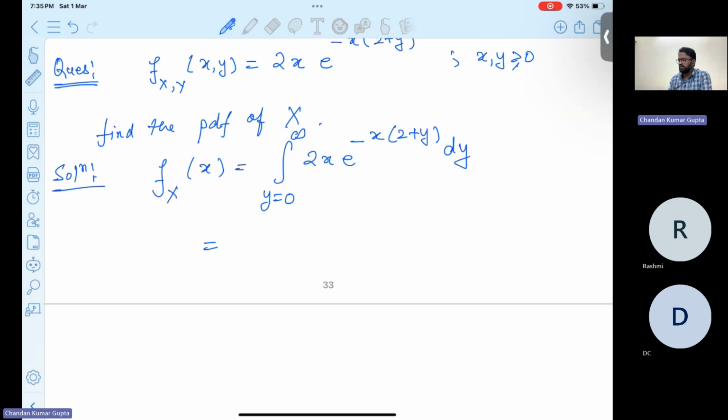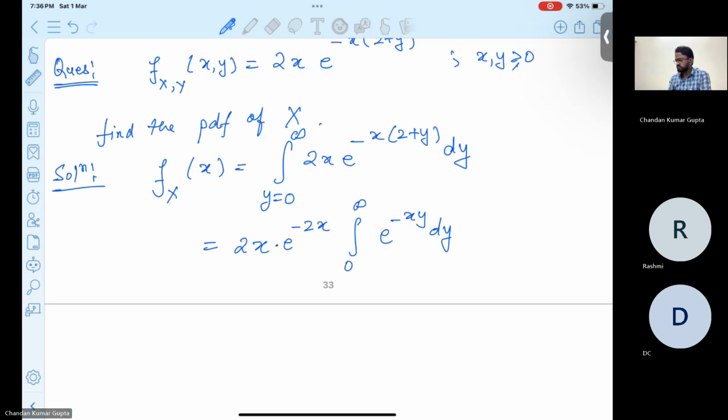Let's see. Since x is common, 2x is taken as common, e to the power minus 2x into e to the power minus xy. So e to the power minus 2x is also taken as common. So it is actually the integral from 0 to infinity of e to the power minus xy dy.